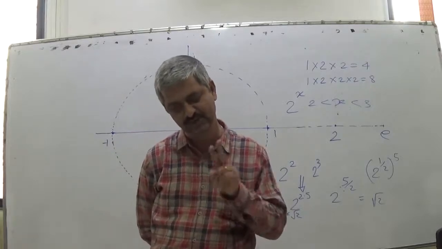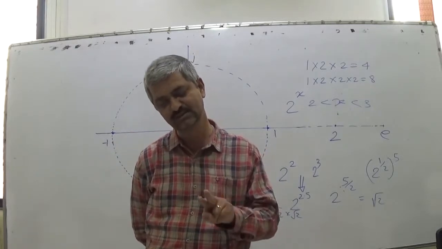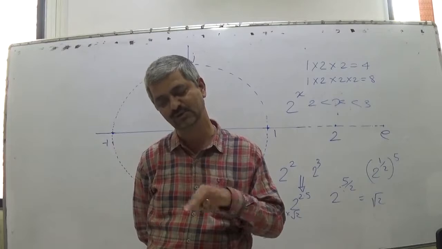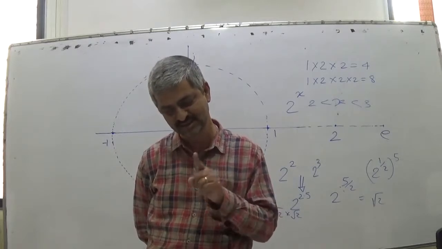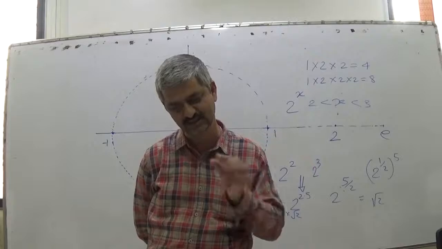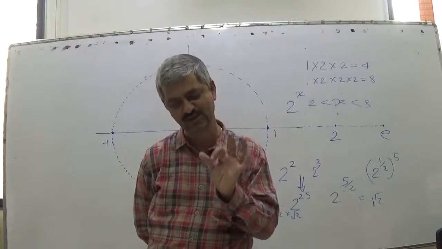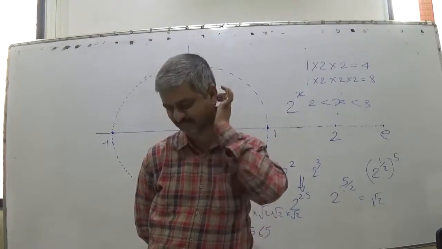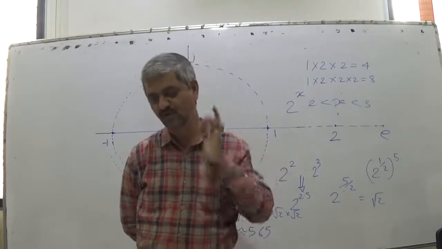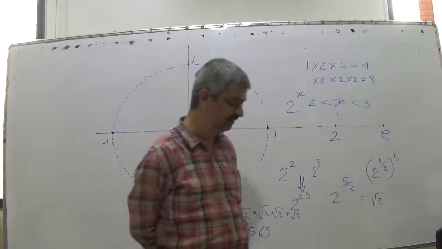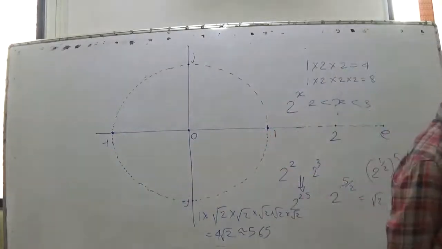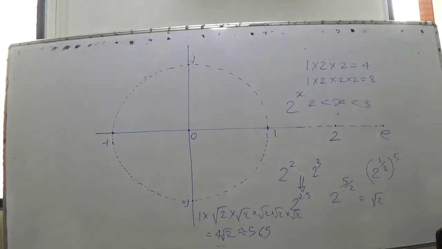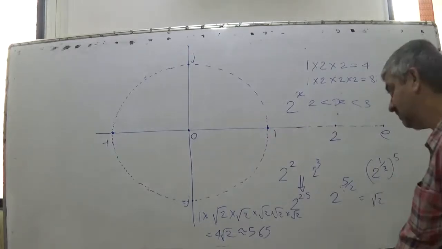Then you will find the qth root, raising it p times, for the number just less than x and just more than x. Those two points will locate it, and your 2 raised to x will be in between. So the concept of finding the qth root and raising it p times, where both q and p are integers, is required.